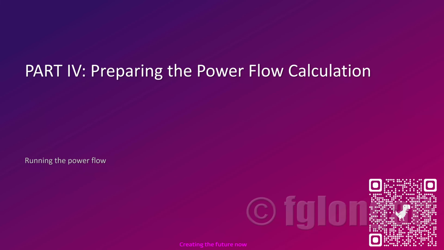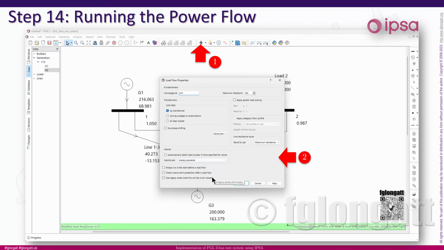Here we have step number 4, and that is basically running the power flow. IPSA is similar to many other power system analysis software. IPSA has this toolbar here at the very top.